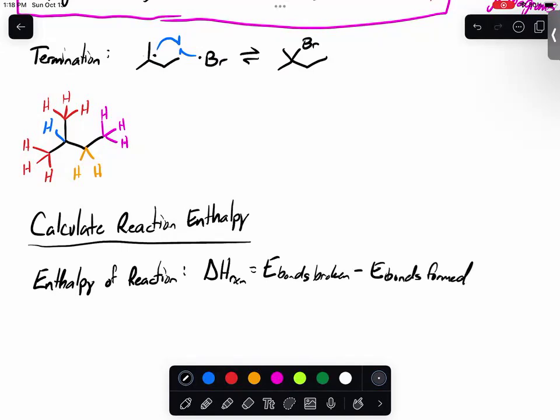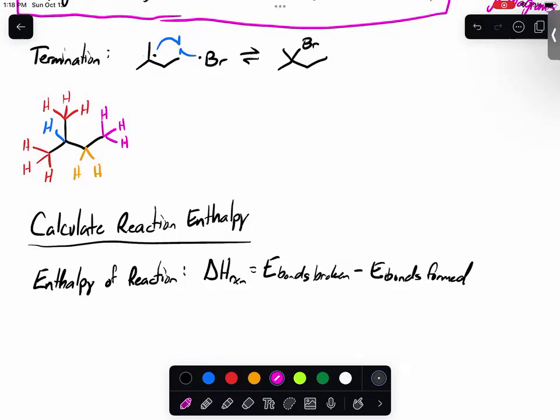You may remember this from Gen Chem, because you did talk about it quite a bit back then, but essentially it's the exact same formula, and we can use it here to help us talk about the enthalpy and the thermodynamics of this reaction. Now, these are all homolytic bond cleavages, right? They all split apart and each side gets one electron.